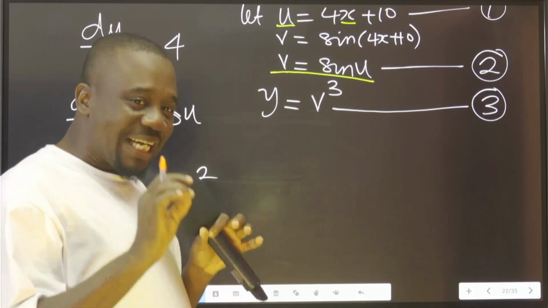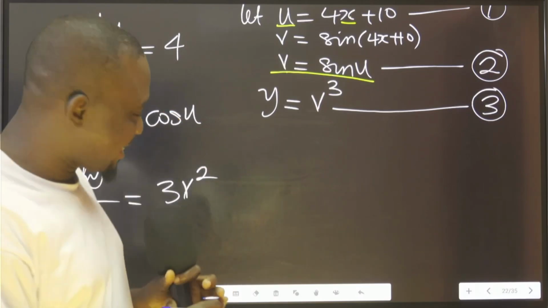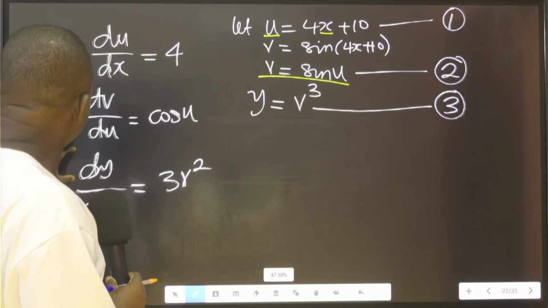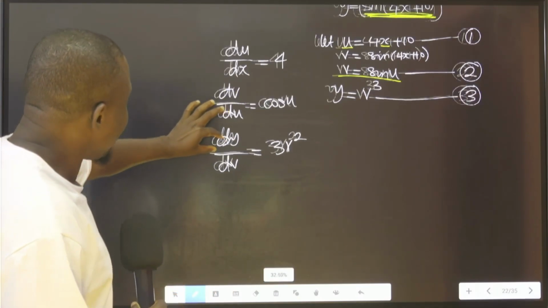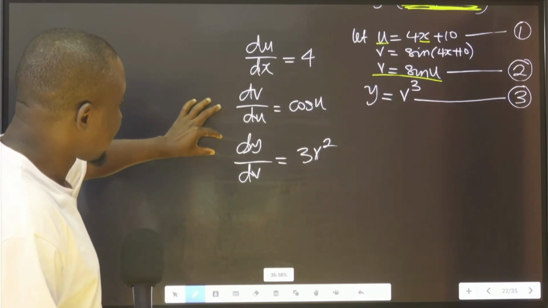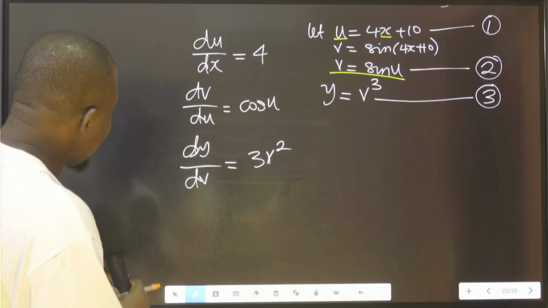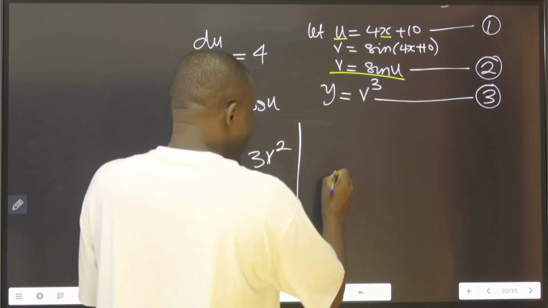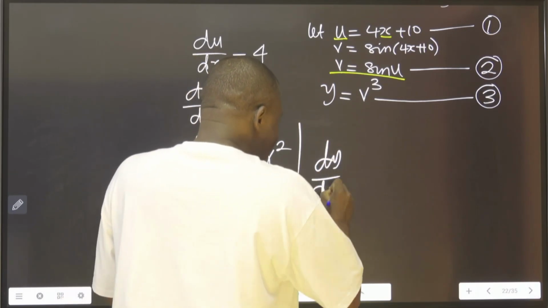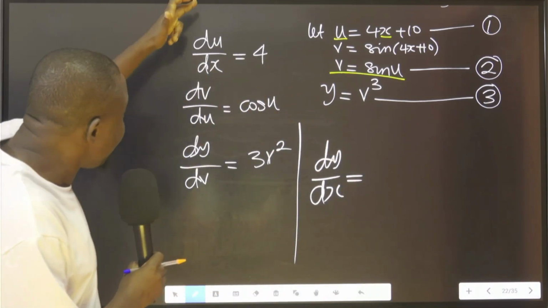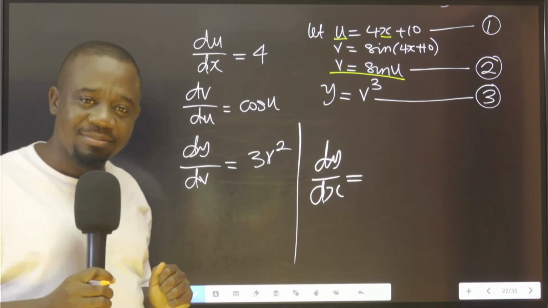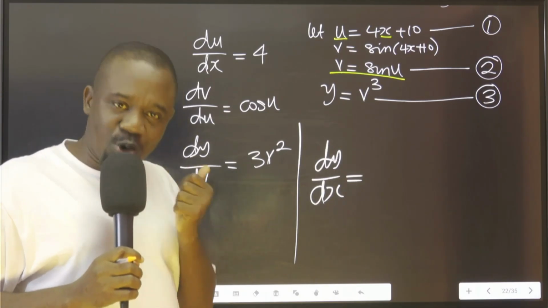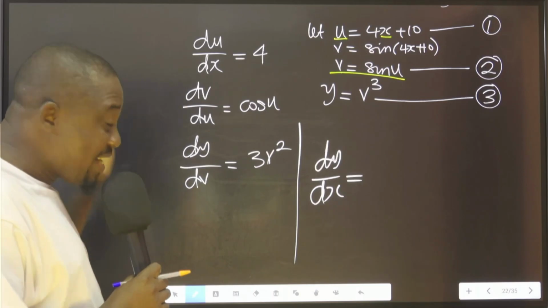Now it's time to look for dy/dx. Don't worry. Let's put this here. dy/dx is equal to the multiplication of everything. Don't ask how; just multiply everything.